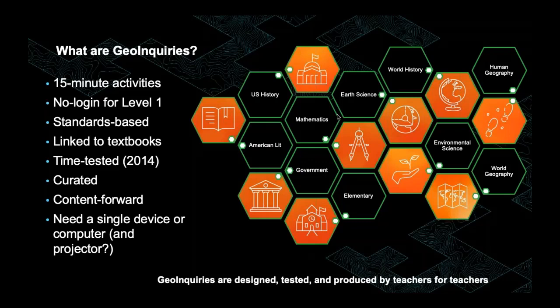These materials are standards aligned, so they're aligned to national curriculum standards. It makes it very easy to snap into existing curricula. They also happen to be tied or linked to the most common textbooks out on the markets today. So for example, if you're using the Americas US history book, you will notice that there are places where we provide our maps in places where that textbook has provided, say, a full-page map of some phenomena.